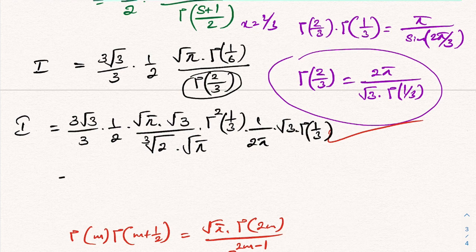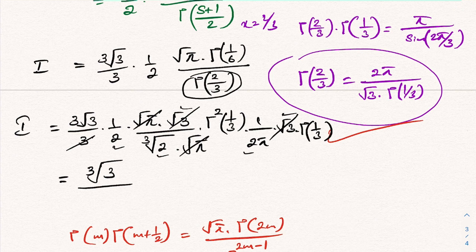Okay, let us simplify. Now we know here this 3 and square root of 3 times square root of 3 get cancelled. Then this square root of pi gets cancelled. So here we have cube root of 3 over, now here 2 times 2, so 2 square, here 2 to the 1 over 3, so 2 to the 7 over 3.